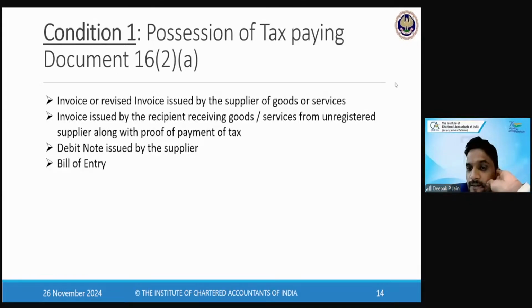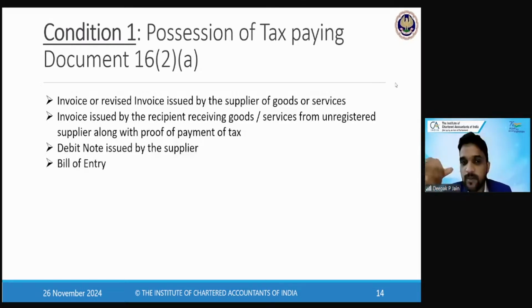Bill of entry. Now, when you import something, customs duty is charged, and when you give your GST number, then IGST is also charged. That IGST component we can claim as a credit. That's not a loss for you. Customs duty we cannot claim, but the IGST paid on import can be claimed on the basis of a document.